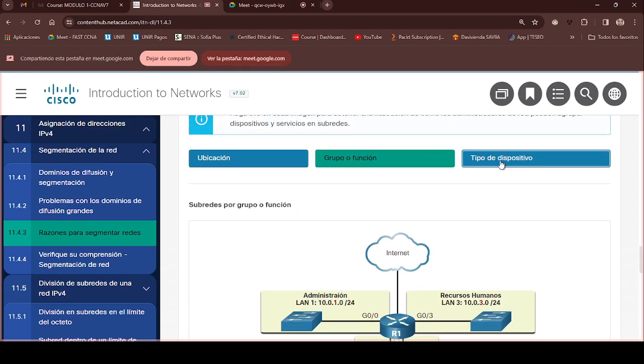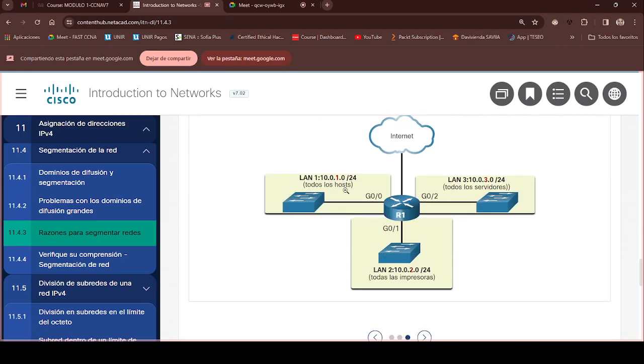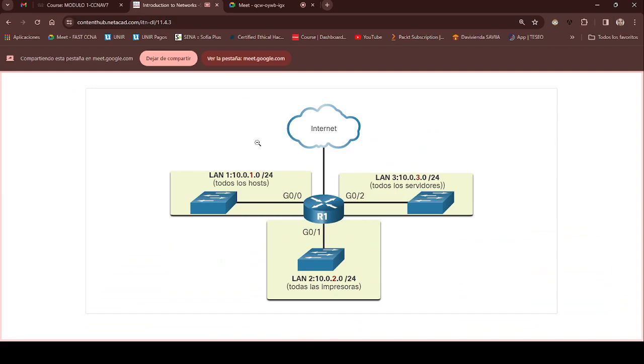Otro criterio, por tipo de dispositivo. Esto es menos común, pero suele hacerse mezclado con grupos de trabajo. Entonces, tengo la red de todos los equipos, la red de todos los servidores y la red de todas las impresoras.